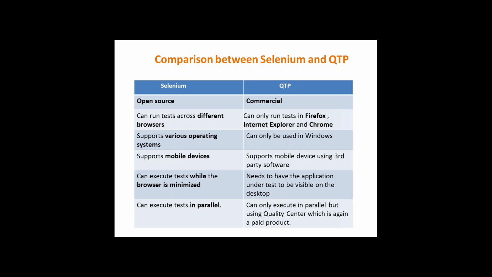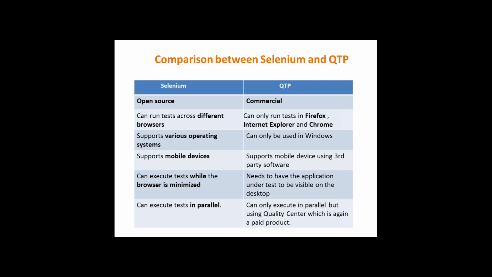Selenium supports various operating systems, whereas QTP can only be used in Windows. Selenium supports mobile devices. QTP also supports mobile devices, but we need to purchase a third-party license. Selenium can execute tests while the browser is minimized. That is another major drawback in QTP: the browser must always be in an activated state, otherwise we need to make it active.